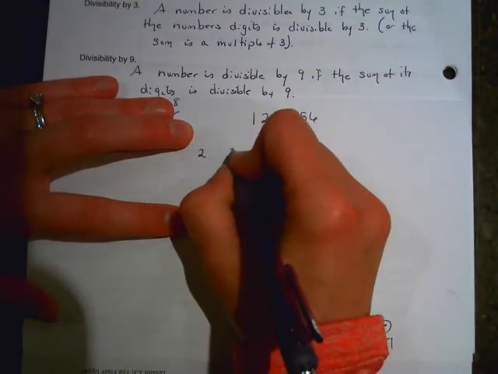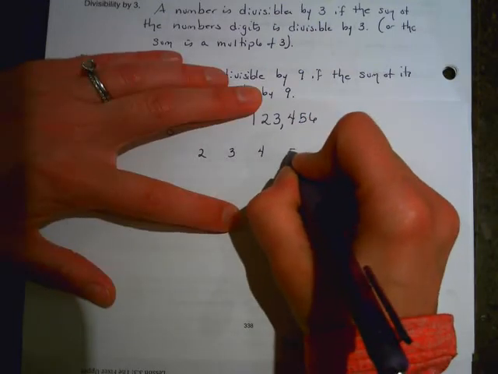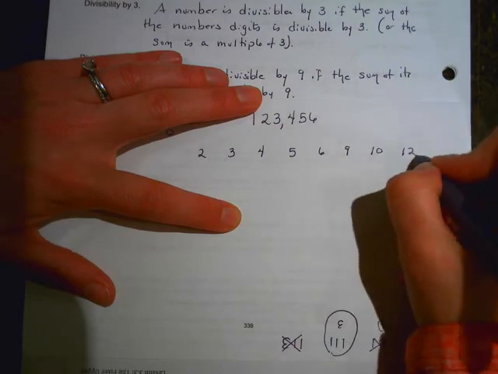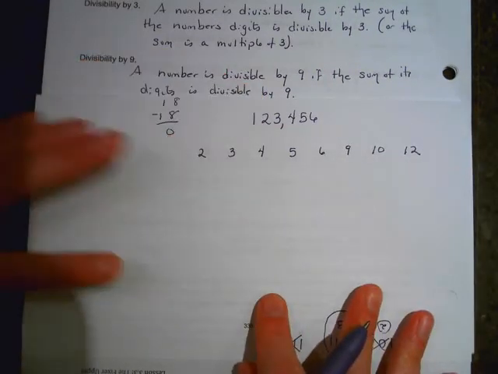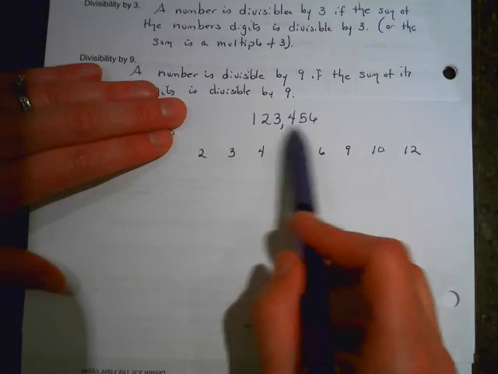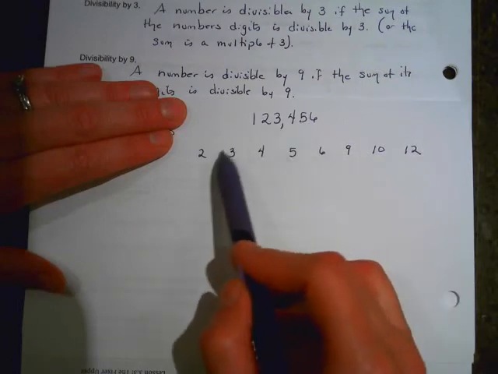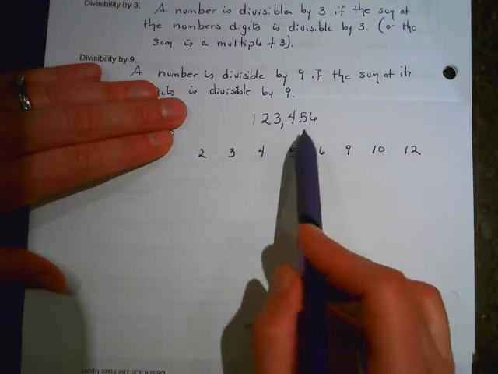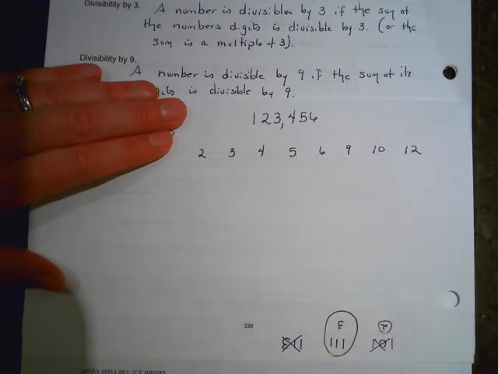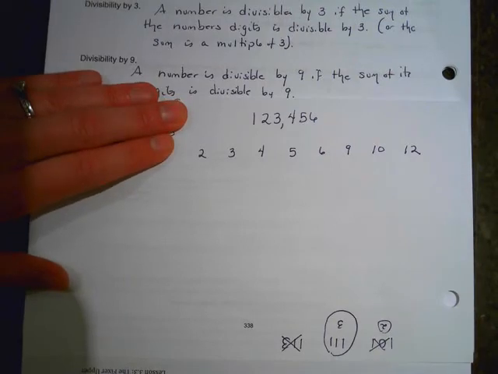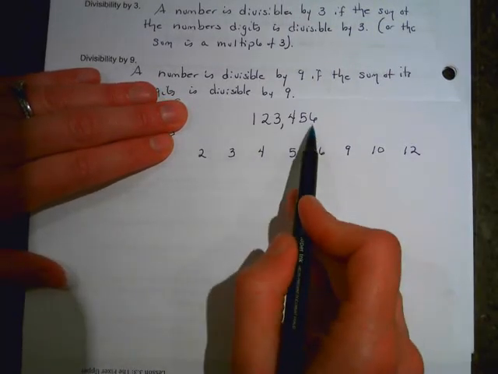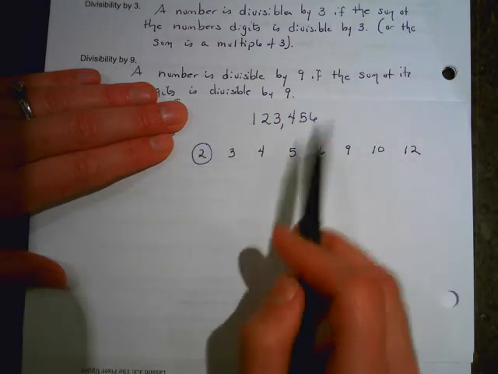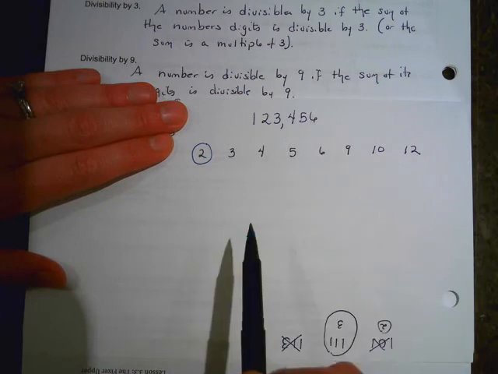And then 2, 3, 4, 5, 6, 9, 10, and 12. So I want to know which of these numbers will divide evenly into 123,456. Okay? No calculator. Will 2 go into it? You would say yes. It is divisible by 2 because this number is even.